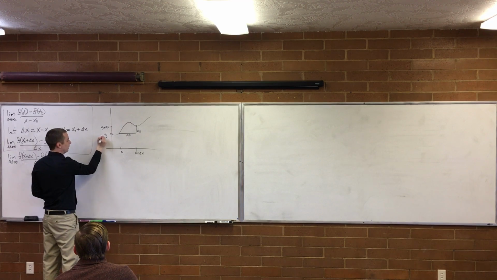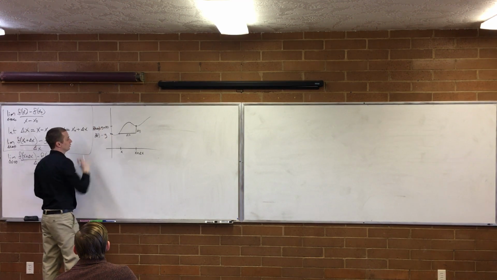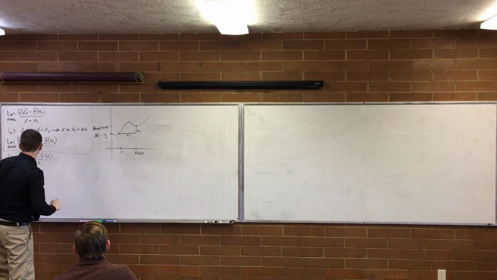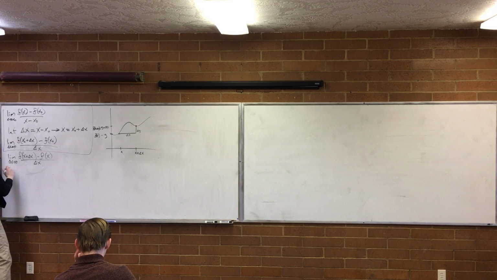And maybe I'll write out what these were. y was f of x, right? And y plus delta y was f of x plus delta x. Good? Okay. So now, plug in those renamings here. What does that give us?